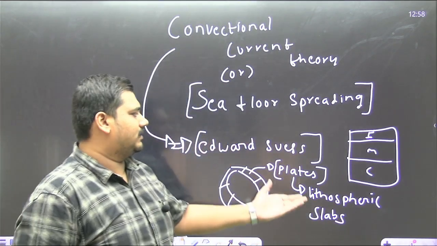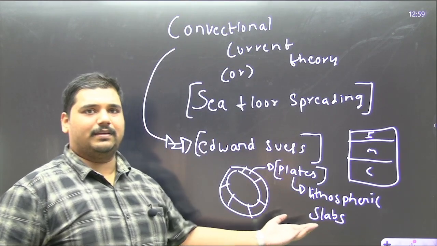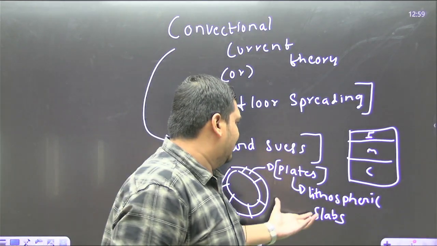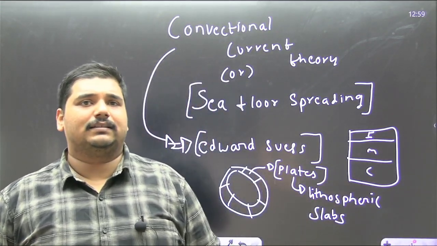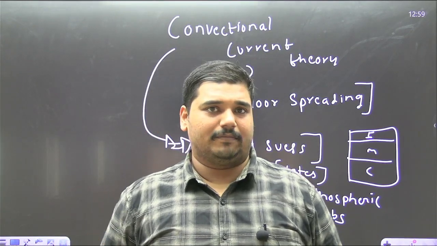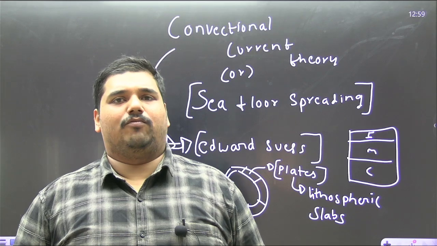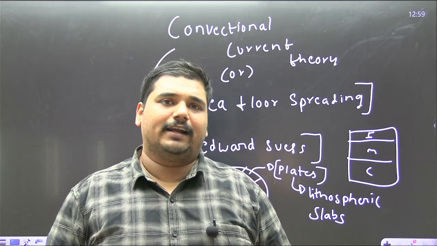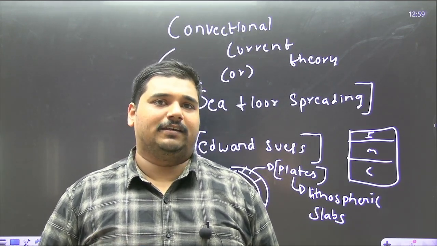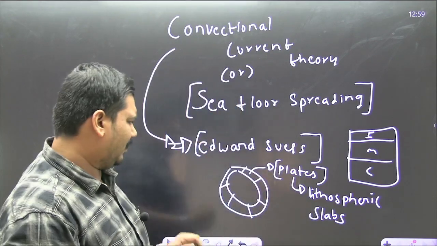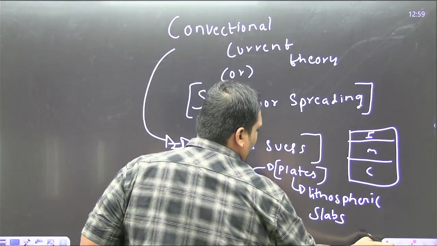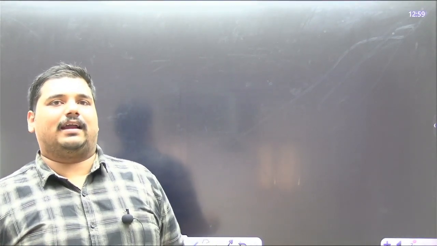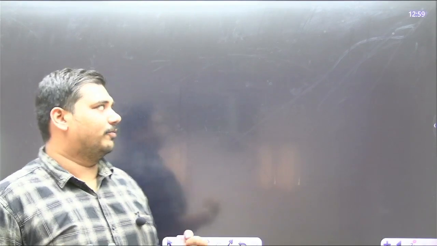Plates, or lithospheric slabs, are freely floating over the mantle and core, and since they are not constant, they are in a continuous state of motion. They undergo various processes leading to the formation of various physical features. Now, Edward Suess attempted to explain to the world how exactly these plates move.